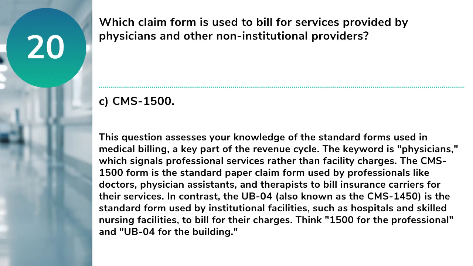In contrast, the UB04, also known as the CMS 1450, is the standard form used by institutional facilities, such as hospitals and skilled nursing facilities, to bill for their charges. Think 1500 for the professional and UB04 for the building.